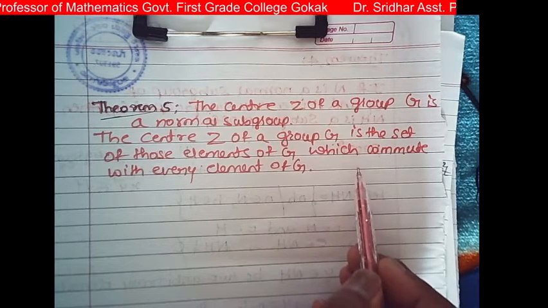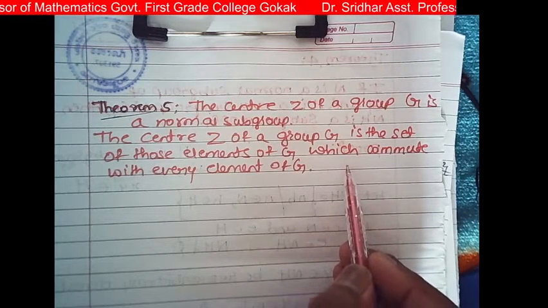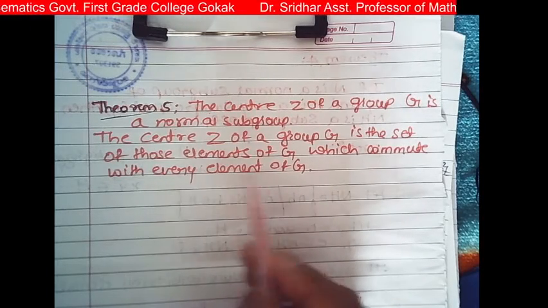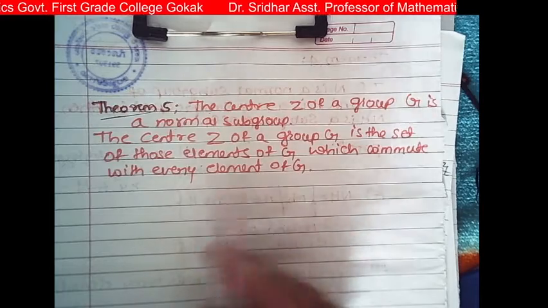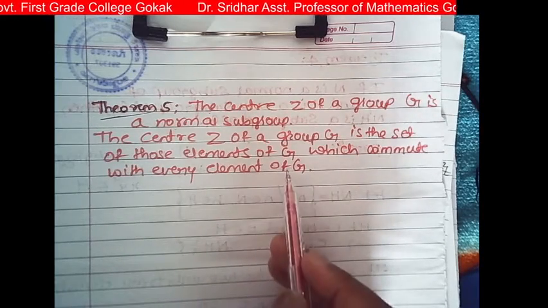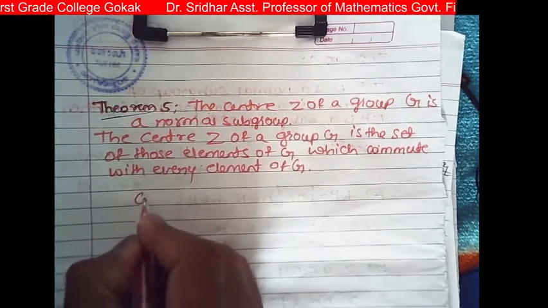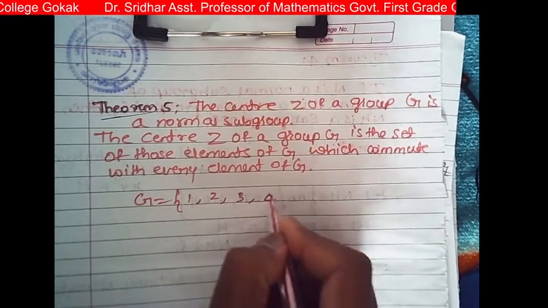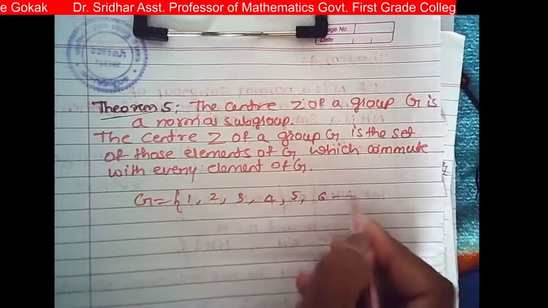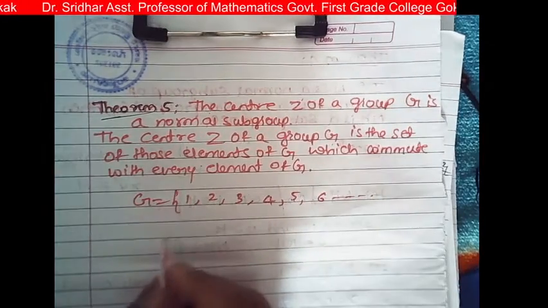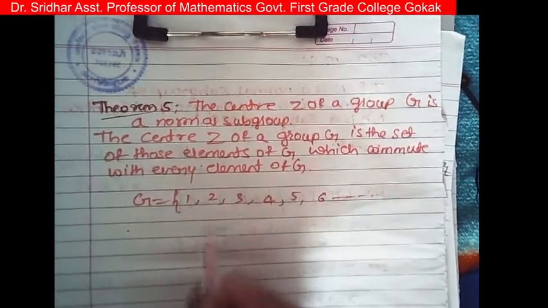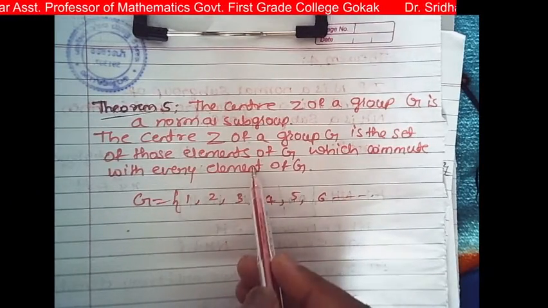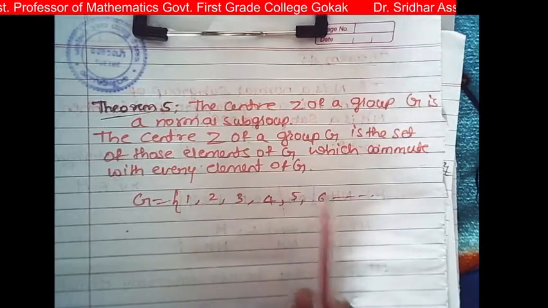It holds the commutative property with every element of G. Suppose that G is equal to 1, 2, 3, 4, 5, 6 and so on. Then Z is equal to what? Z of a group G is the set of those elements of G which commute with every element of G.